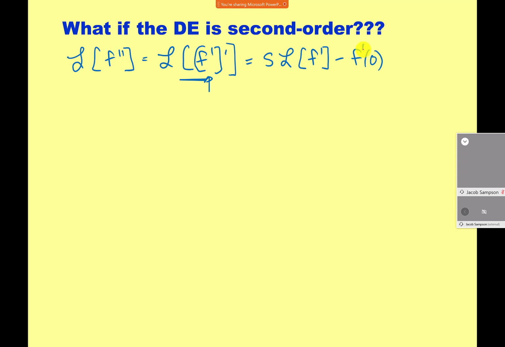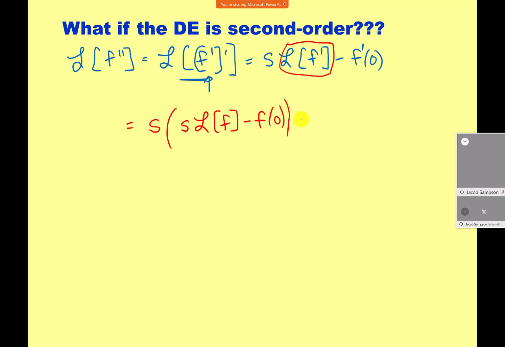But now I need to take that and do one more substitution, because I want this to be just in terms of f. So I'm going to write that down here. So I'm just going to replace that with the formula again. The formula was, if you want to Laplace transform f prime, it was s times the Laplace transform of f, and then minus f of 0.